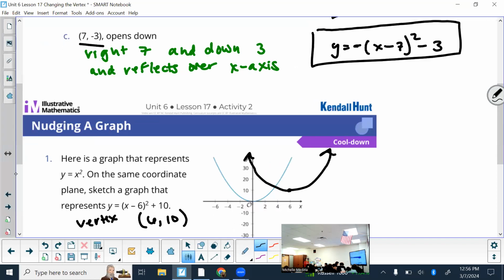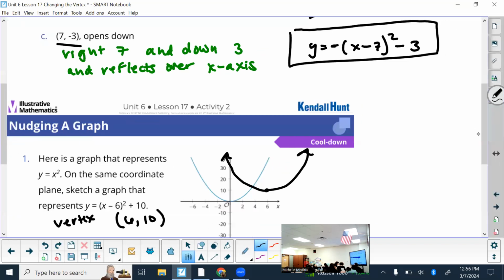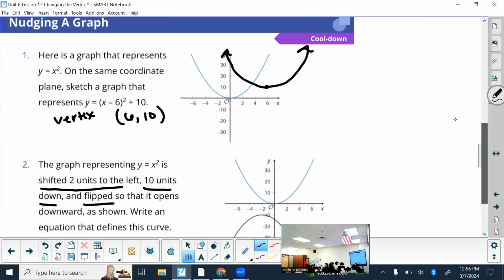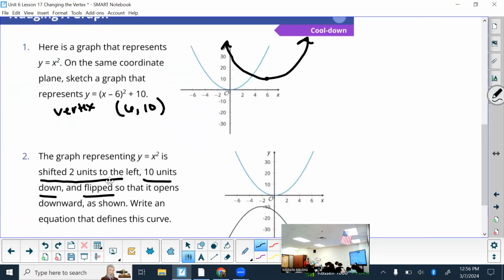Table 6. For the last one, it gave us a list of transformations. It even showed us the transformation. You had to make the equation. So if it's going 2 to the left, 10 down, and flipping, what should the equation be? Okay, perfect.